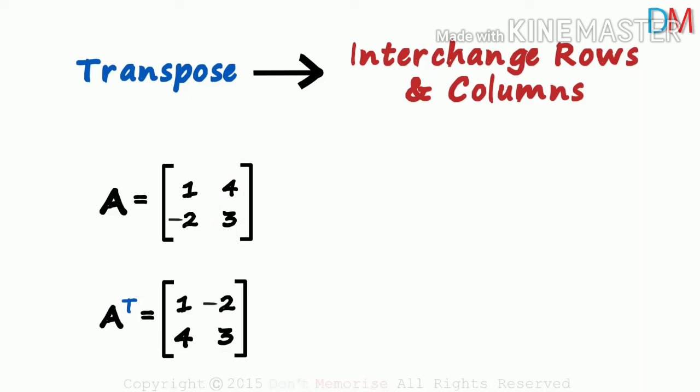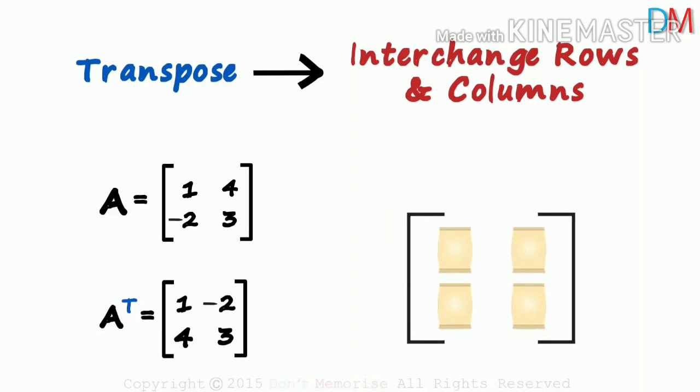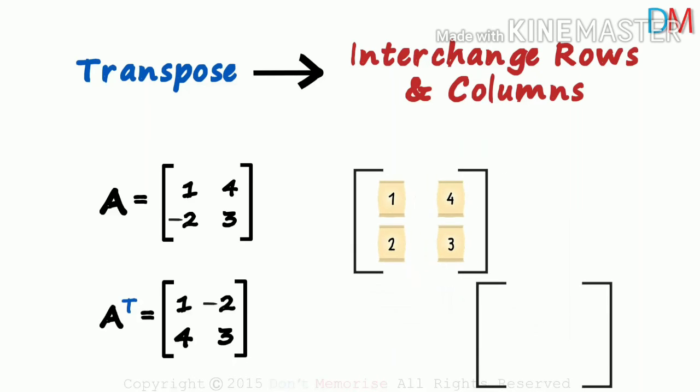But students often get confused at this point. So here's a good way to remember transpose. Assume that there are 4 cement bags, 2 on top of the other 2. The top 2 bags weigh 1 kilogram and 4 kilograms, and the bottom 2 weigh 2 kilograms and 3 kilograms. Let's say we put a box underneath it. If we push the first row, the 4 kilo bag will fall here.